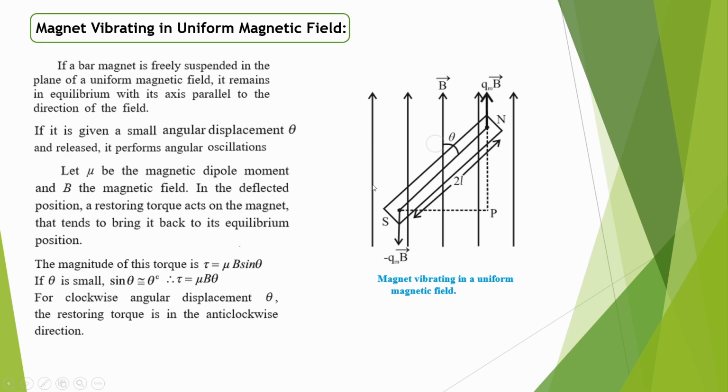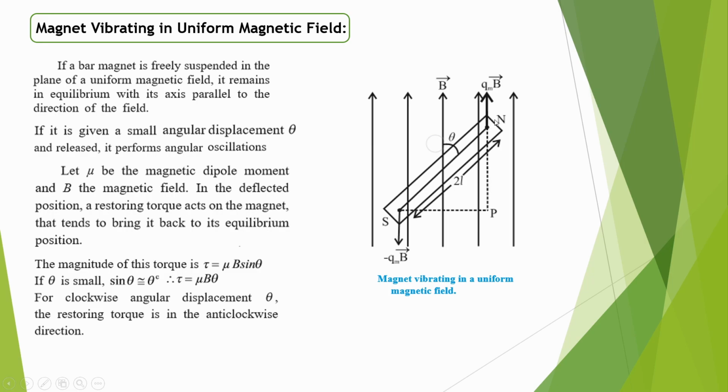Means the magnet always makes its axis parallel to the direction of the magnetic field. But suppose it is given a small angular displacement theta, like that, and released.